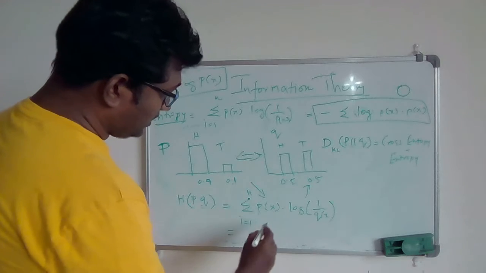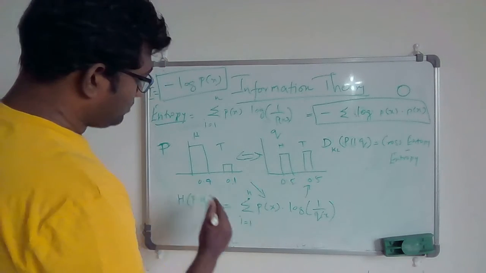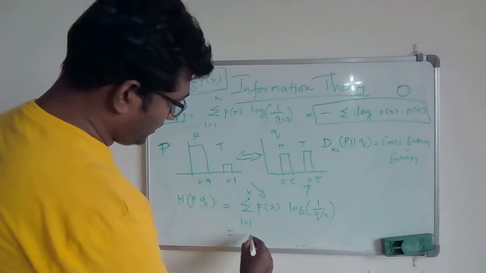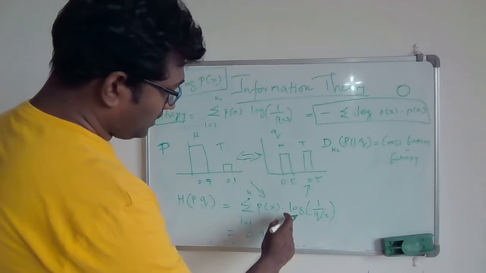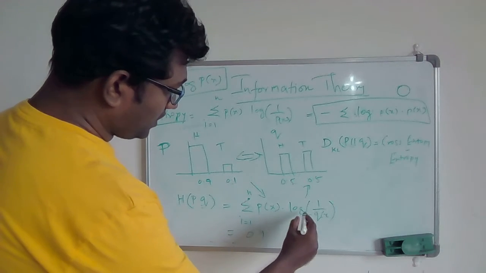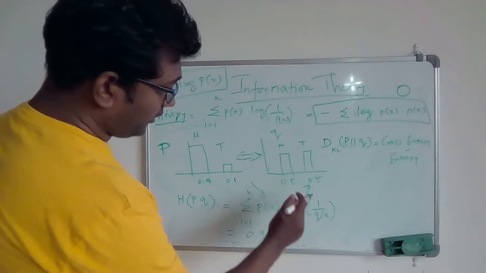Now if you calculate the same entropy, this is cross entropy. If you try to calculate it here, what is the probability of x? This is 0.9 here, we just calculated. P of x is 0.9. And what is the probability of q of x? It's 0.5.